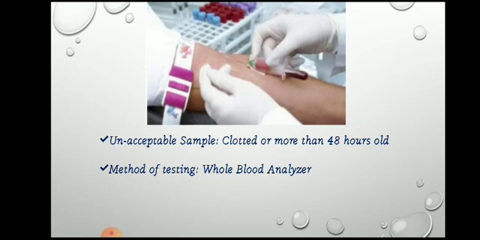Here in the figure you can see how the sample is generally collected in different laboratories. An unacceptable sample is generally one that is clotted or has been collected more than 48 hours before. That blood sample is not acceptable for testing.